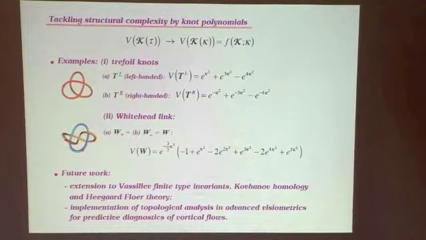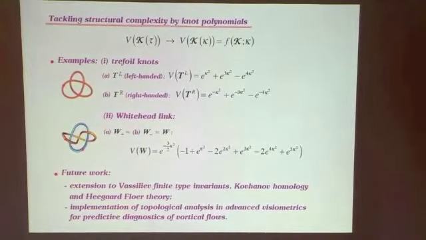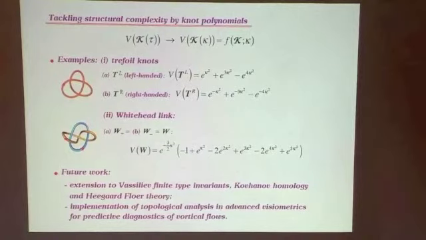Substituting e to the something into the variable and calling... Yeah, it's not that straightforward. You have to prove that skein relations arise by using e to h as a variable. So all the time you consider the crossing.